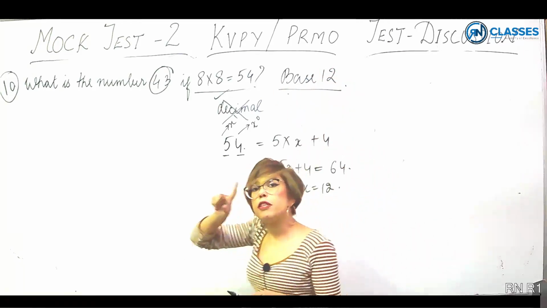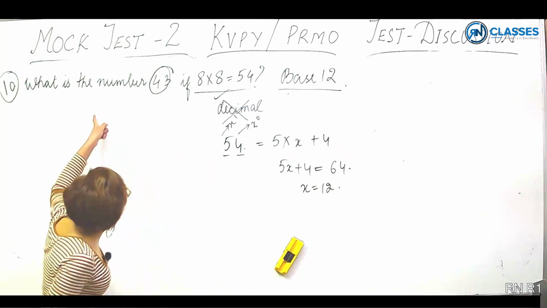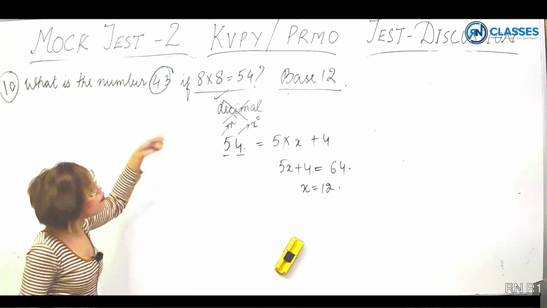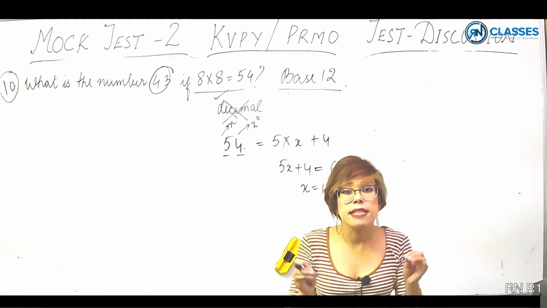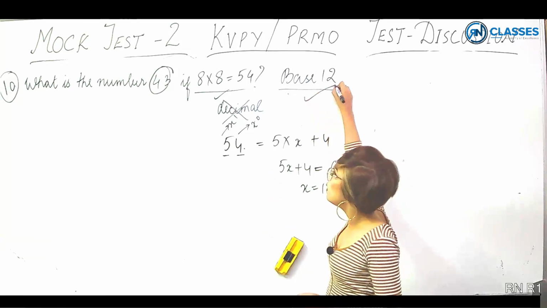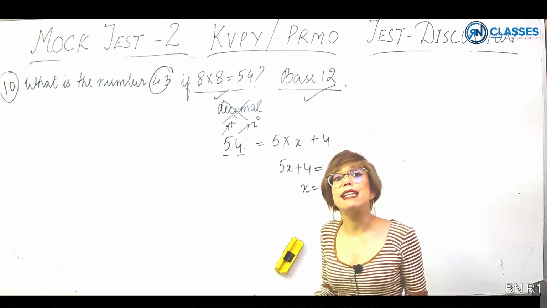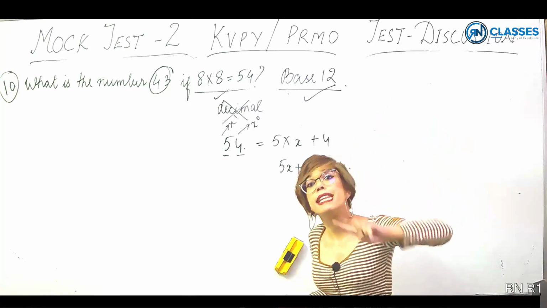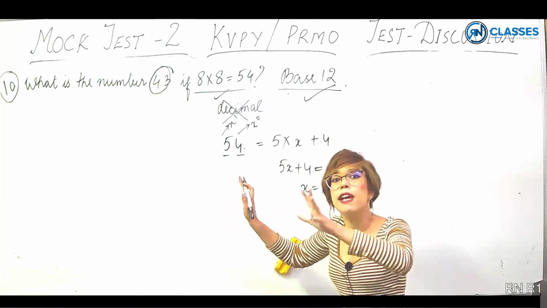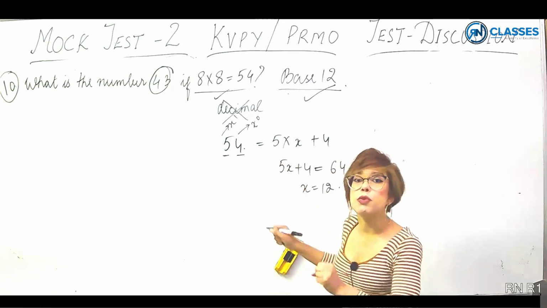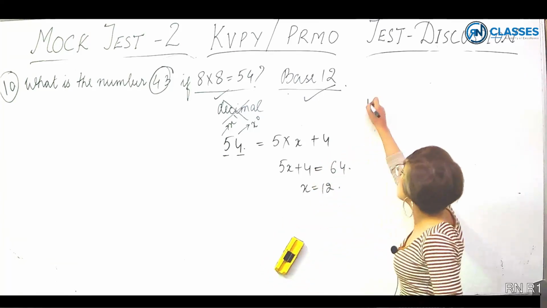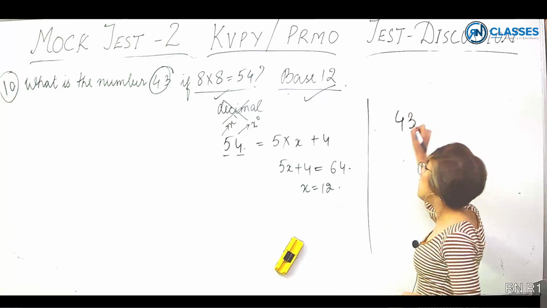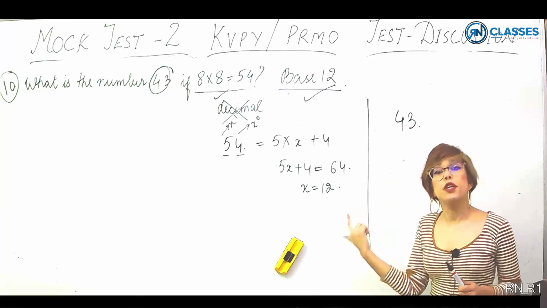Now, let's read the question carefully. He says, what is the number 43 if 8 into 8 is equal to 54? That means the system that we are using is base 12, and 43 is given in that base. So 43 is in base 12, and I need to convert it to base 10.